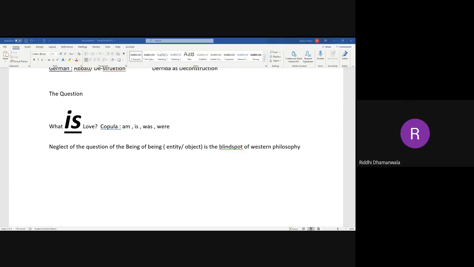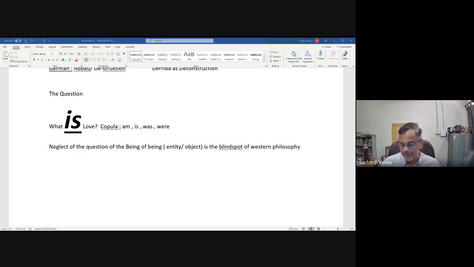So, ignorance. Blind spot, for example, if you turn back, I don't know how many of you drive a four-wheeler. If you turn back while taking your car in reverse or your two-wheeler in reverse, there is a point behind where you cannot see.